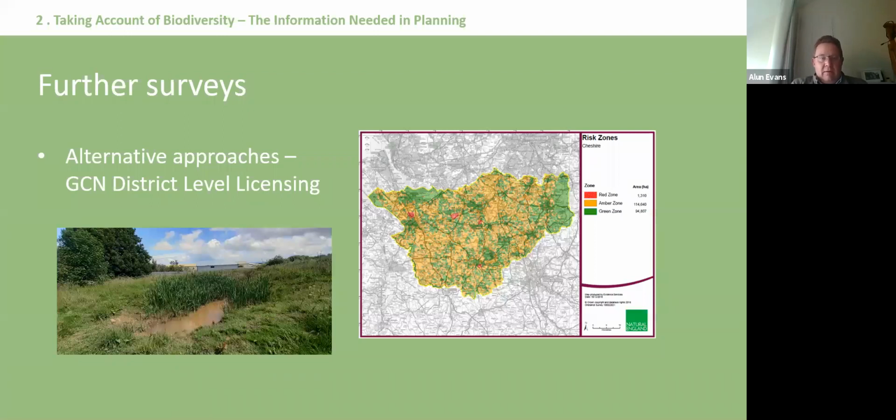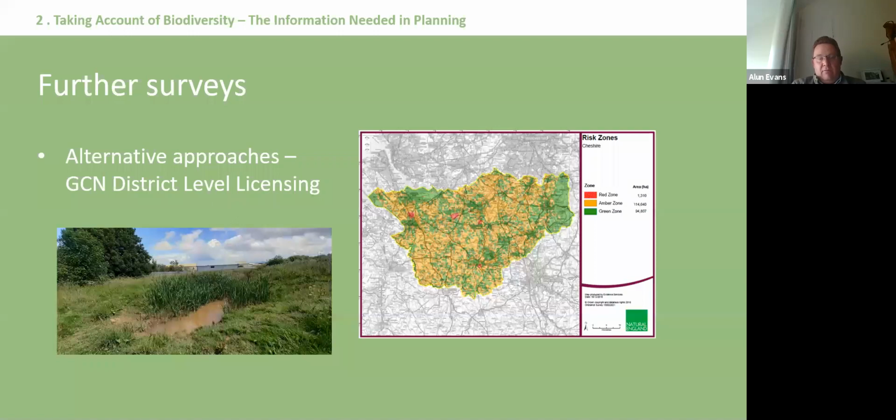Certainly happening in England now. We've got great crested newt district level licensing being run by Natural England, or in the Central Midlands you've got Naturescape, where they've undertaken a proportionate approach to great crested newt surveys and used that information to model where both newt presence and likely impacts are.